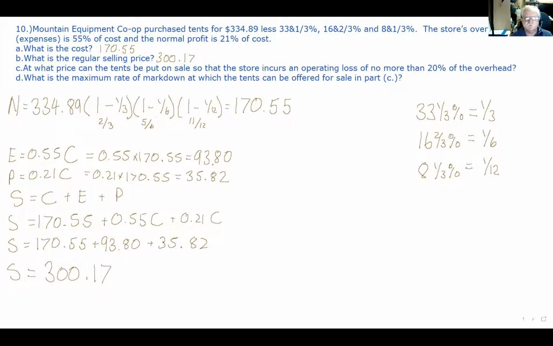So first off, let's find out what 20% of the overhead is. 0.2 times the overhead is 93.80. So what would that be? 0.2 times 93.8. 18.76.